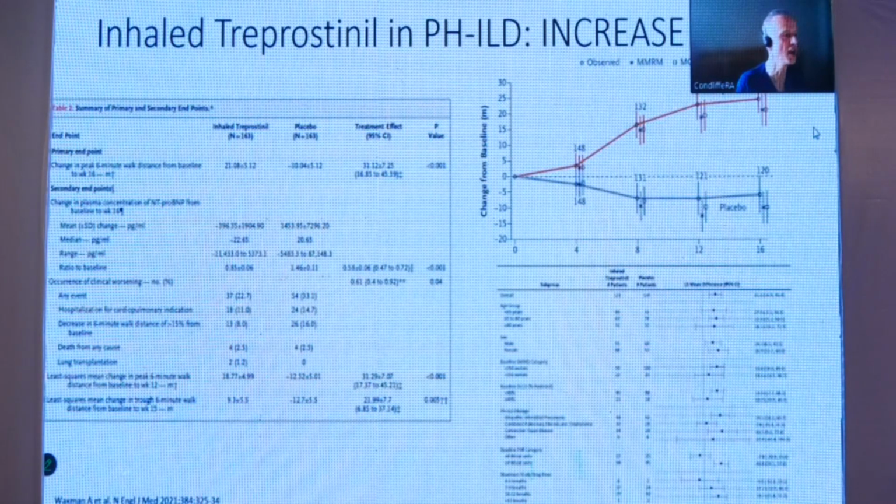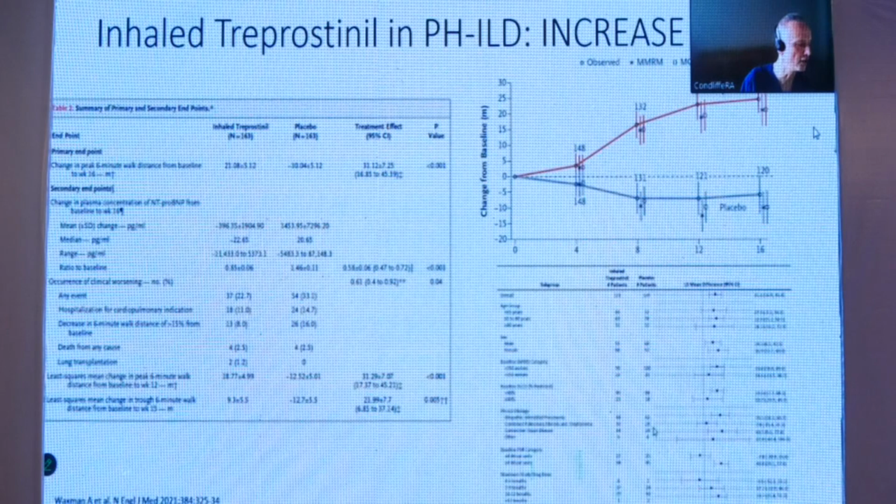You can see that it improves 6-minute walk distance, and very interestingly, it also improves forced vital capacity in several subgroups. So if it's available, inhaled treprostinil for patients with significant pulmonary fibrosis and pulmonary hypertension is a very appealing treatment modality.